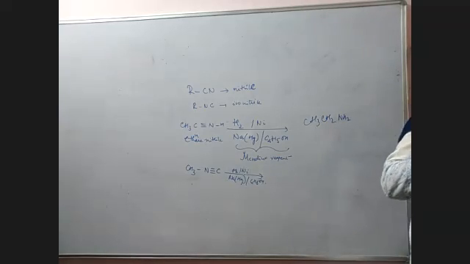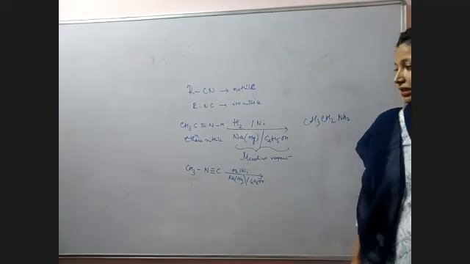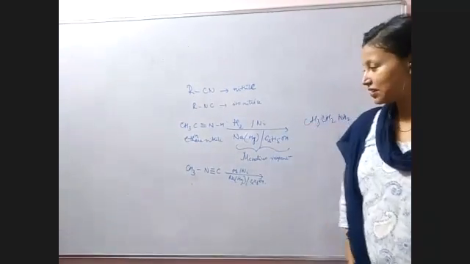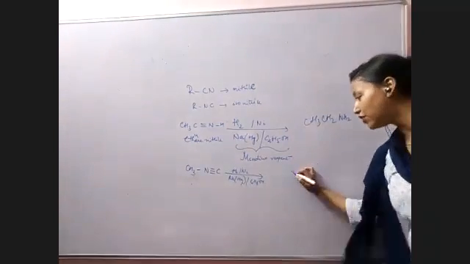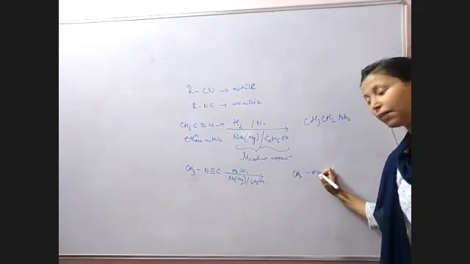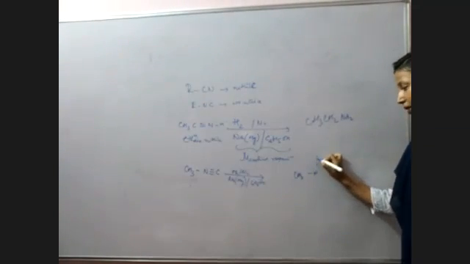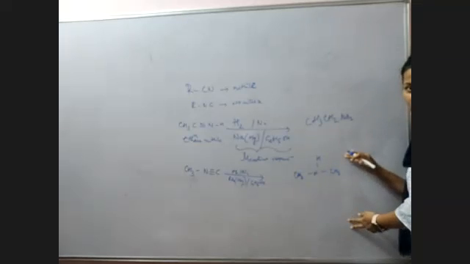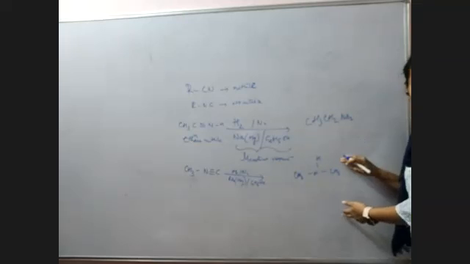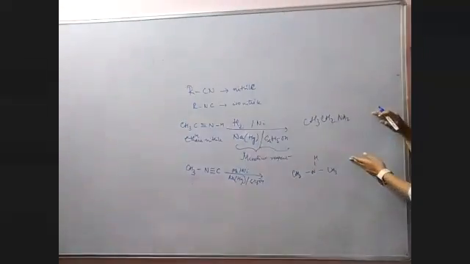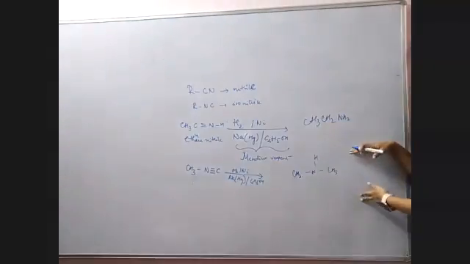And tell me the name of the product. So tell me the structure. CH3, then N with H above it, then CH2. So what is the difference between this and this? This is secondary, this is primary. So with nitrile I'm getting a primary, with the isonitrile I'm getting a secondary.